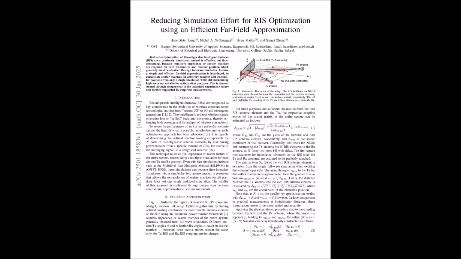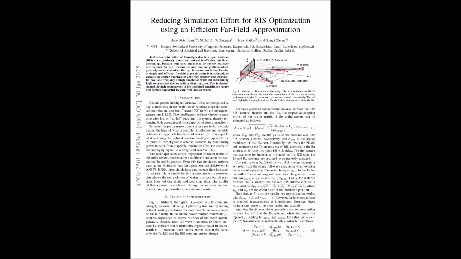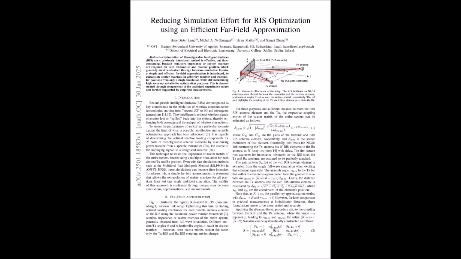Tiny moving parts, wow. Exactly. Imagine tiny MEMS switches that can connect or disconnect different parts of the RIS elements, allowing for very abrupt changes in reactance, potentially even faster than what you can achieve with varactor diodes. So instead of just tuning the capacitance, you could essentially turn parts of the RIS element on or off? Precisely. And that level of control could open up some really exciting possibilities for beamforming and signal manipulation. We could achieve even more precise control over those wireless signals.